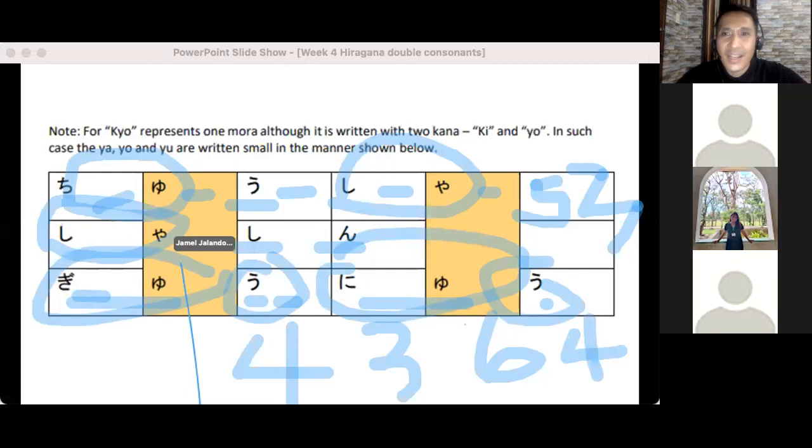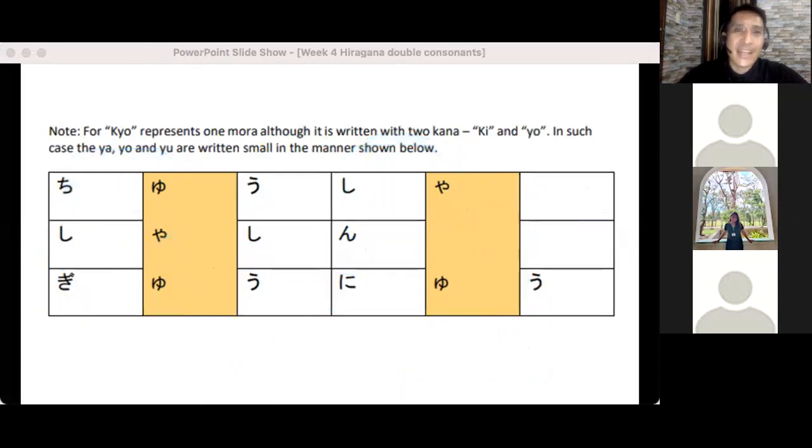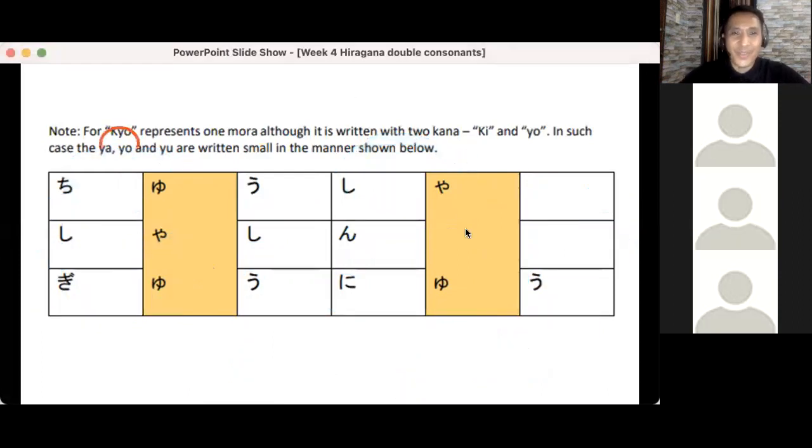Okay, so clear the drawings. Do we now know the mora and kana? I hope so.